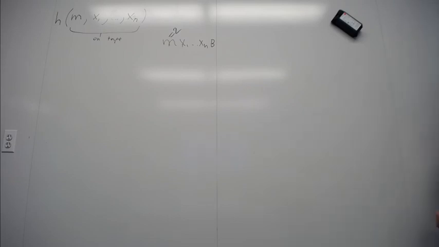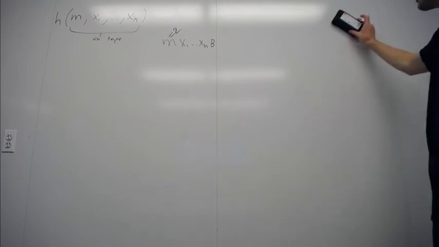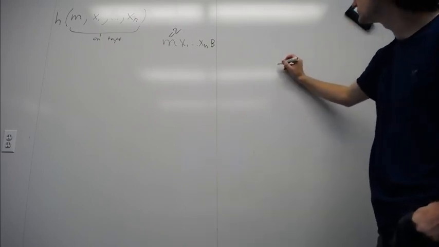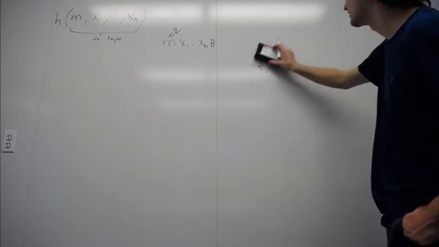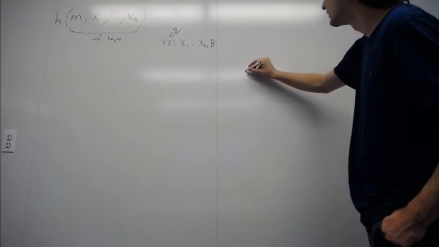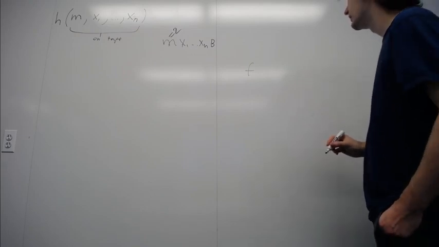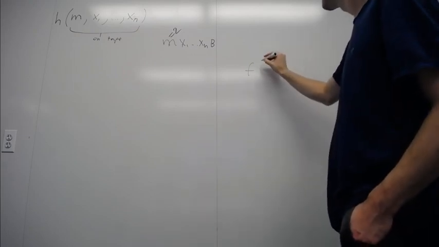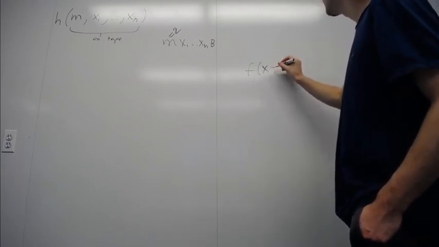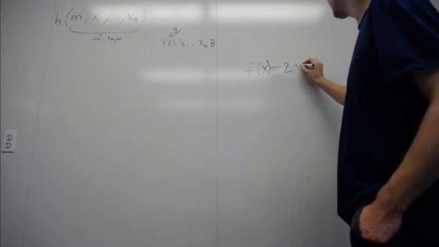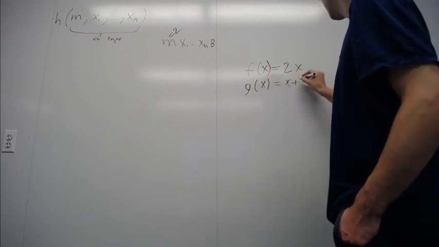you can think of it like this. Let's say I define some primitive recursive function such that f of x equals 2x, g of x equals x plus 1.